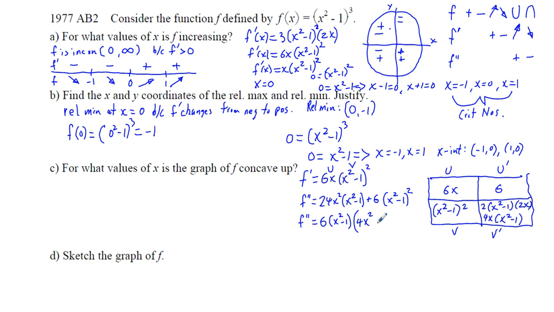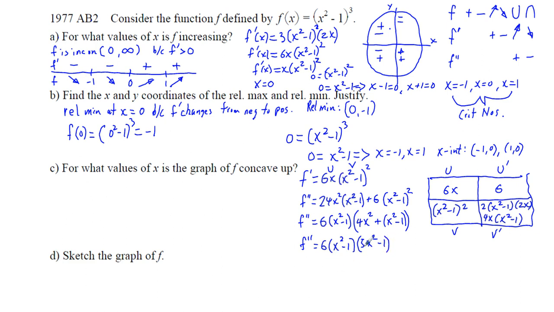And we're going to have plus, well, we're going to have 1 left after we factor out that 6. So we're going to have x squared minus 1. So f double prime is equal to 6 times quantity x squared minus 1 times, we have 4x squared plus x squared, so we have 5x squared minus 1.